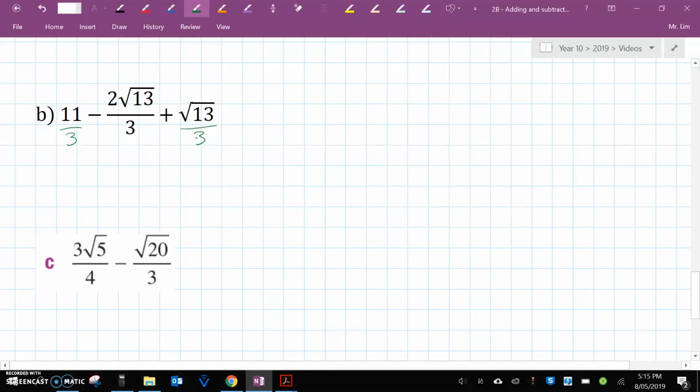But if I were to do that, I need to multiply the numerator by 3 as well. So I'm going to rewrite this. 3 times 11 is 33 minus 2 root 13. I didn't need to multiply that by anything because it's already over 3. Plus 3 times root 13 is 3 root 13. All of that over 3.